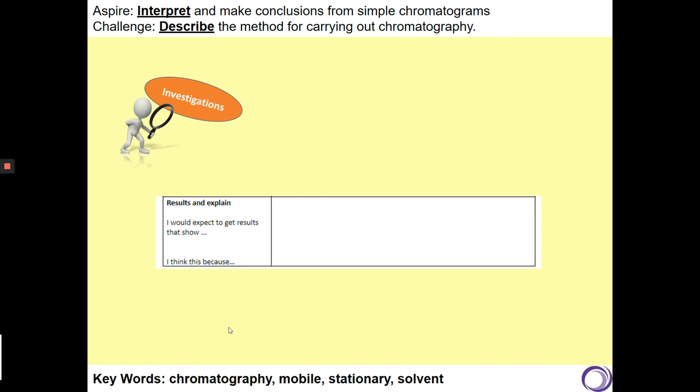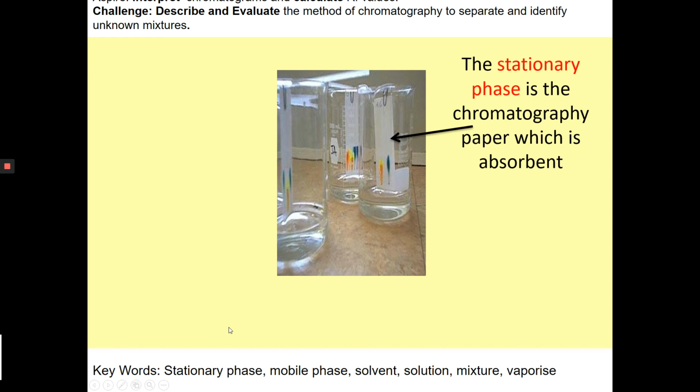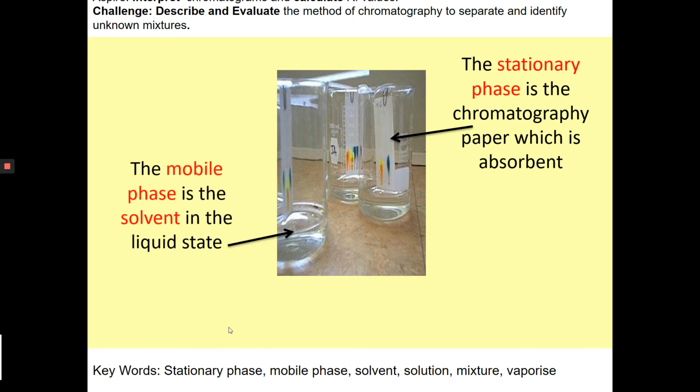Okay, so just to reiterate a couple of things before we move on. First of all, remember that the stationary phase is the chromatography paper, and that is absorbent. But the mobile phase is the solvent. It's the bit that moves.